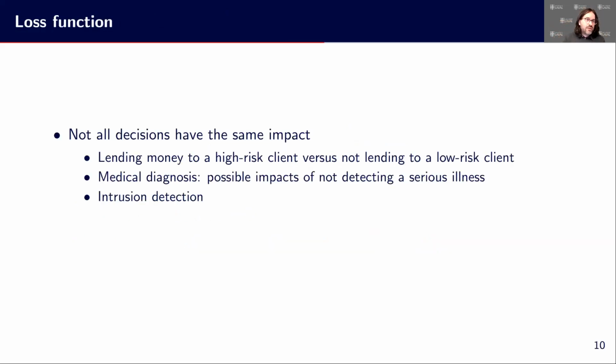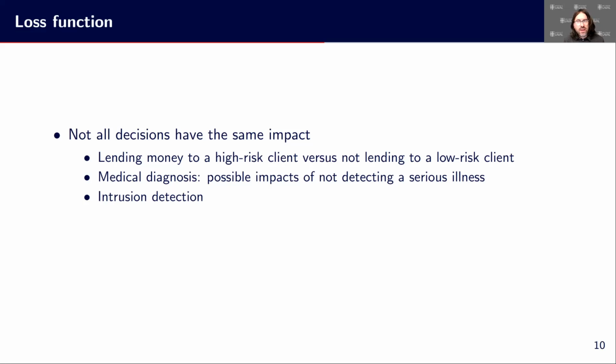One thing, however, is that not all decisions have the same impact. For example, with the credit risk evaluation example, lending money to a high-risk client is not the same thing as lending money to a low-risk client. The possible outcome of giving some credit to someone that is not able to pay back can be much higher for a credit company than denying the credit access to someone with a lower risk.